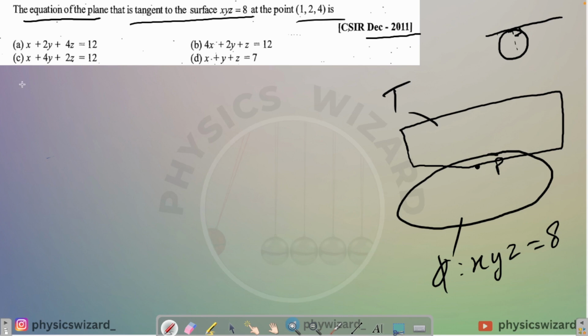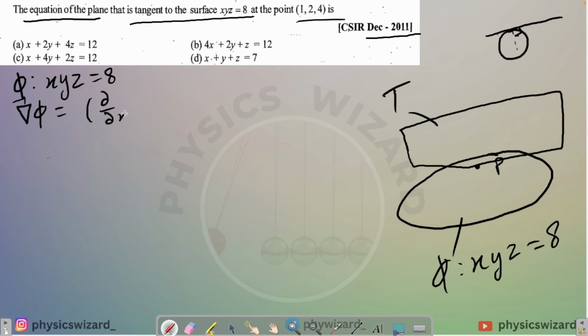Now the equation of the surface given to us is phi x y z equals 8. To get a vector perpendicular to this surface, we have to find the gradient of phi, that is del phi. And what is del phi?